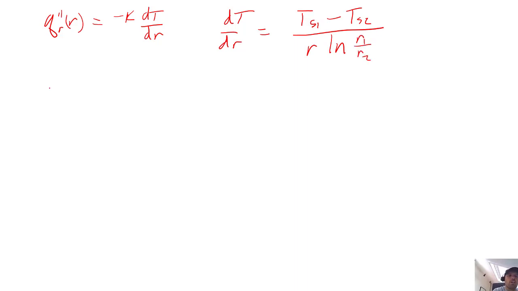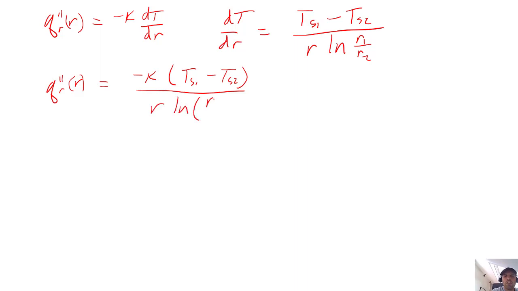So then our flux ends up being, we just take that whole thing, multiply it by minus K. So I want to have you observe something about this equation.